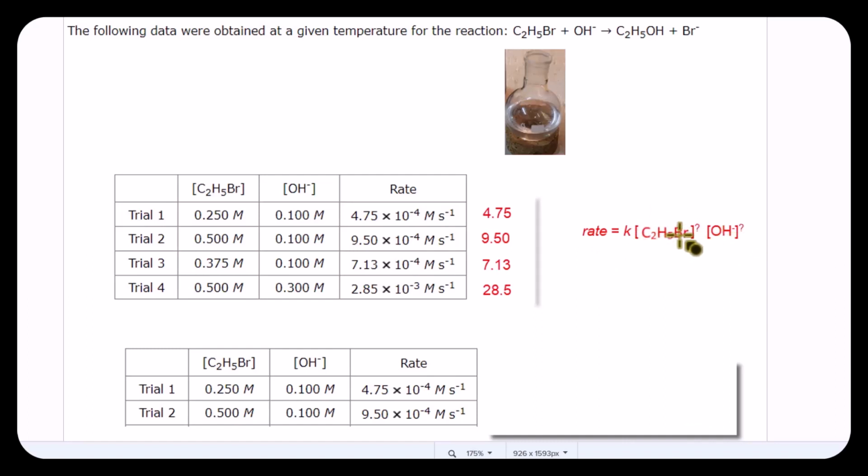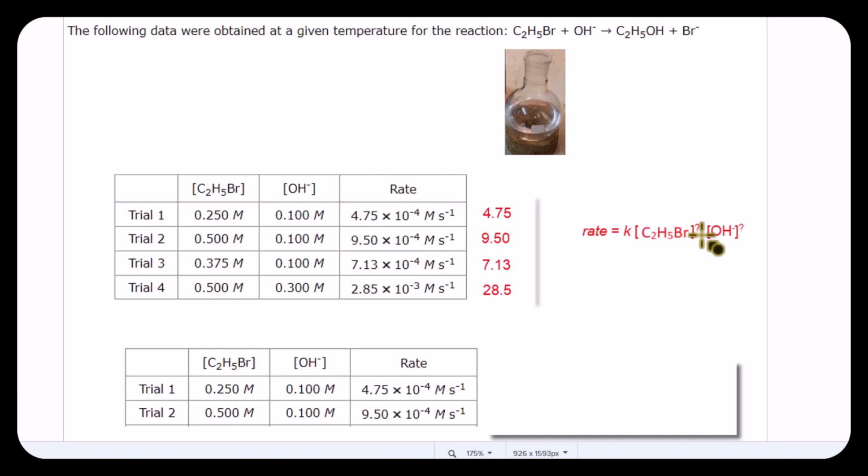So we'll have the concentration of the bromoethane, let's say 0.25, and the concentration of the hydroxide, 0.1. But they will be raised to a power. Now, one of the nice things about rate law expressions that deals with why things have different rates is that these powers will be whole values, 0, 1, or 2, 98% of the time.